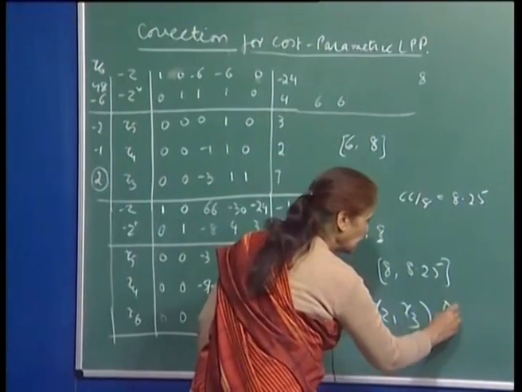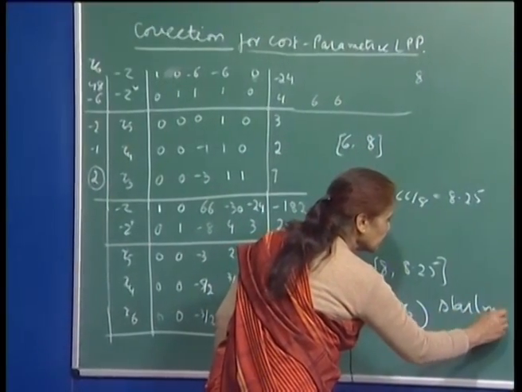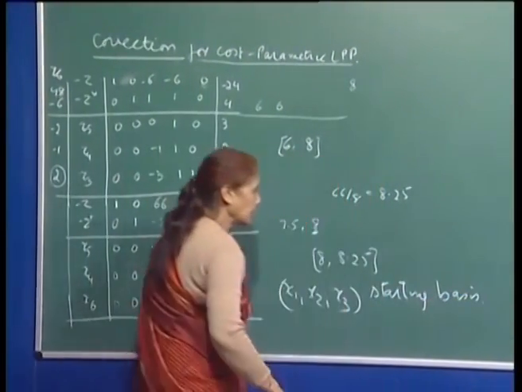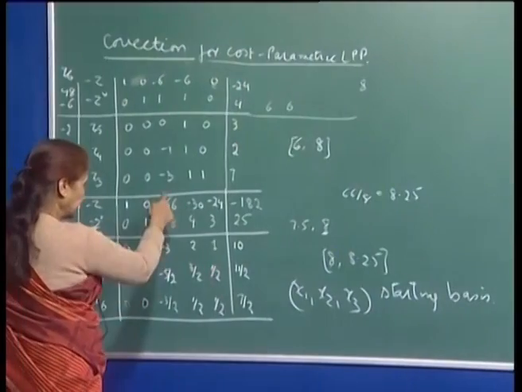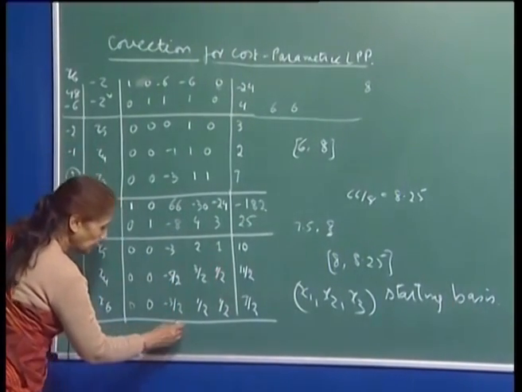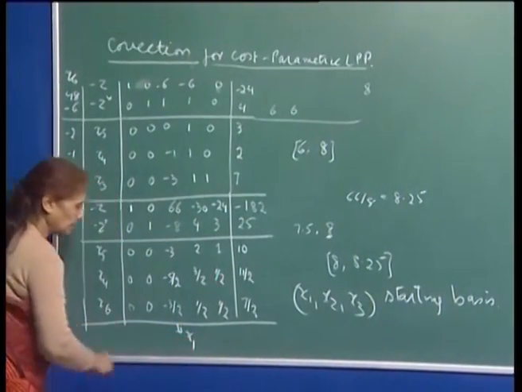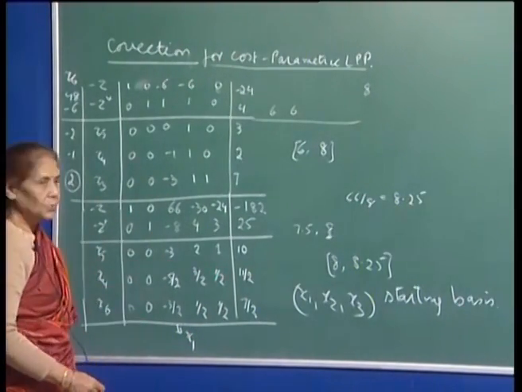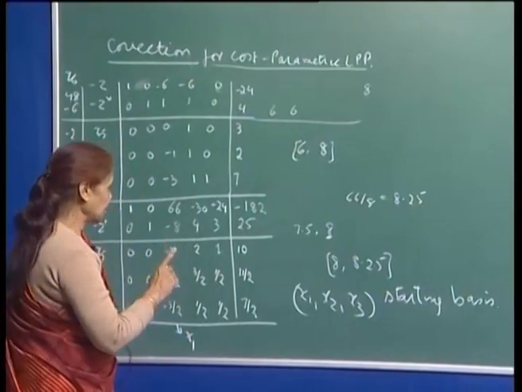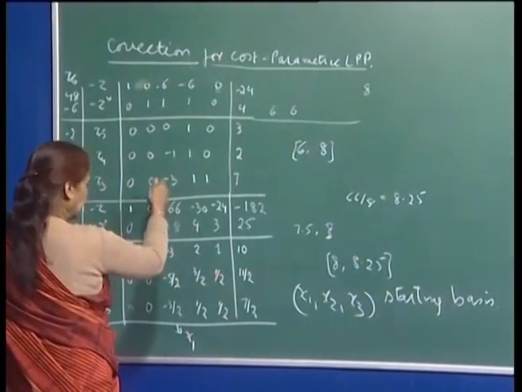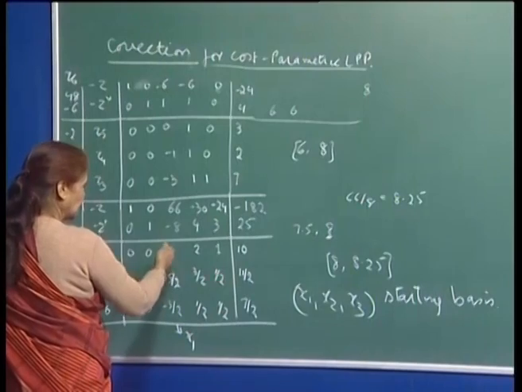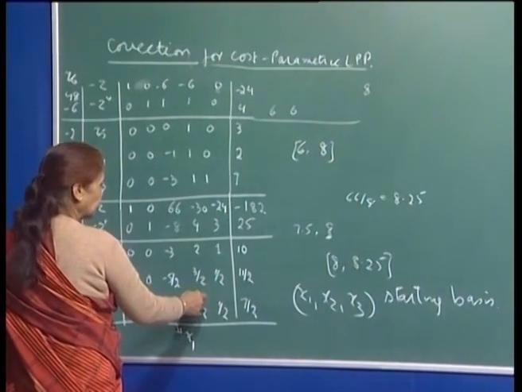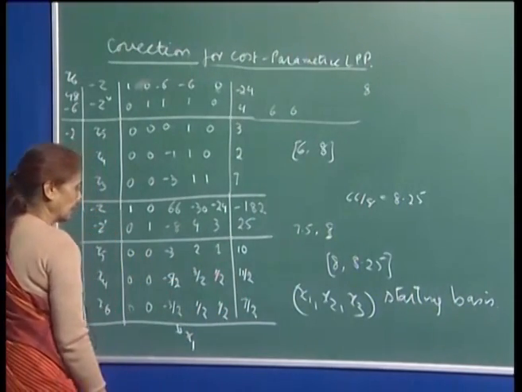So this whole column corresponds to x1, because you started with your column for x1 here and after all the iterations, this shows you the column for x1, this shows you the column for x2 and this shows you the column for x3.